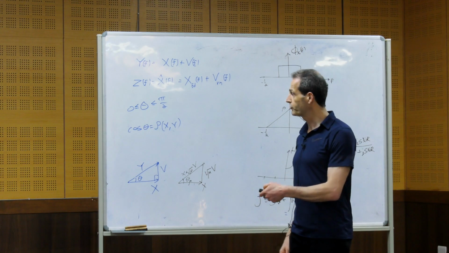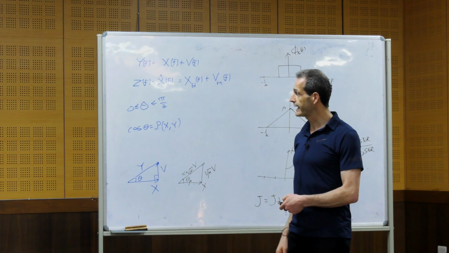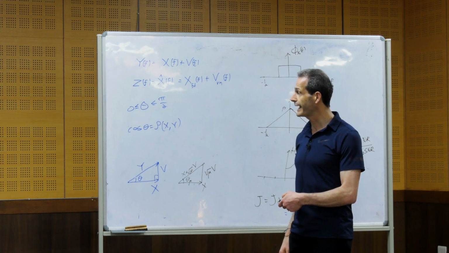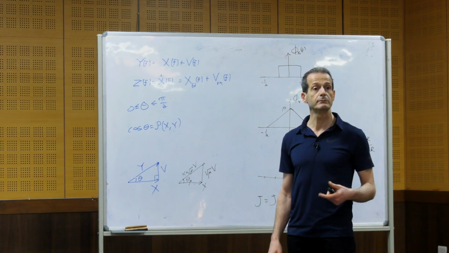Now, if I give you an expression like that, I can ask you, what is the effect of changing mu1 and mu2? And also I can ask, what is the range of values that I can use for mu1 and mu2?